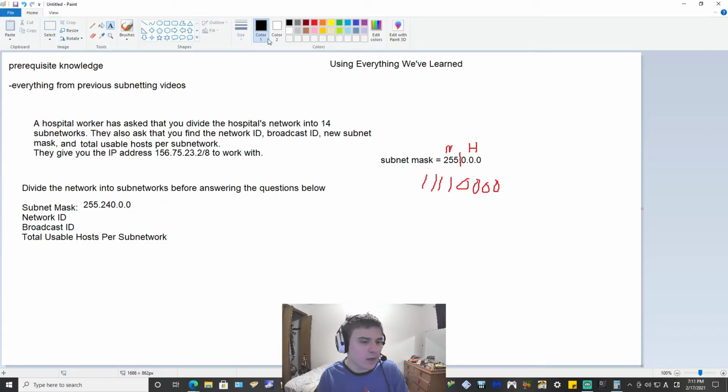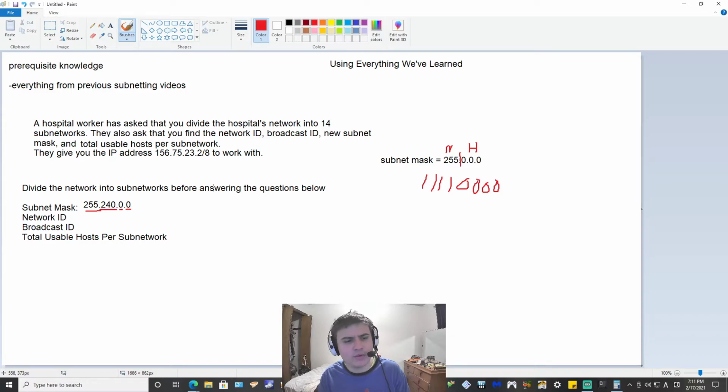Okay. Now, network ID. If you look at the network ID now, remember what I said about the subnet mask. If we have 255, that digit's not going to change for the network ID. And then we know that the third and the fourth octet are just going to be zeros. So we have 240 here, right?